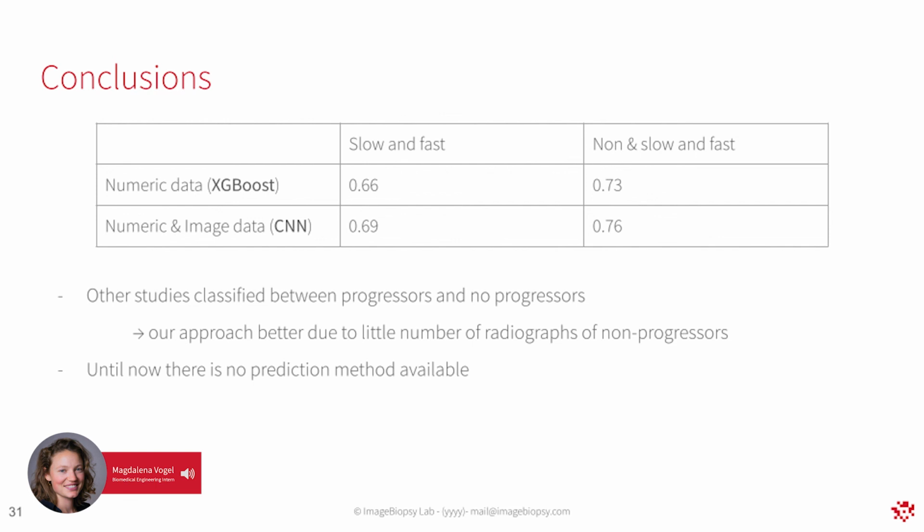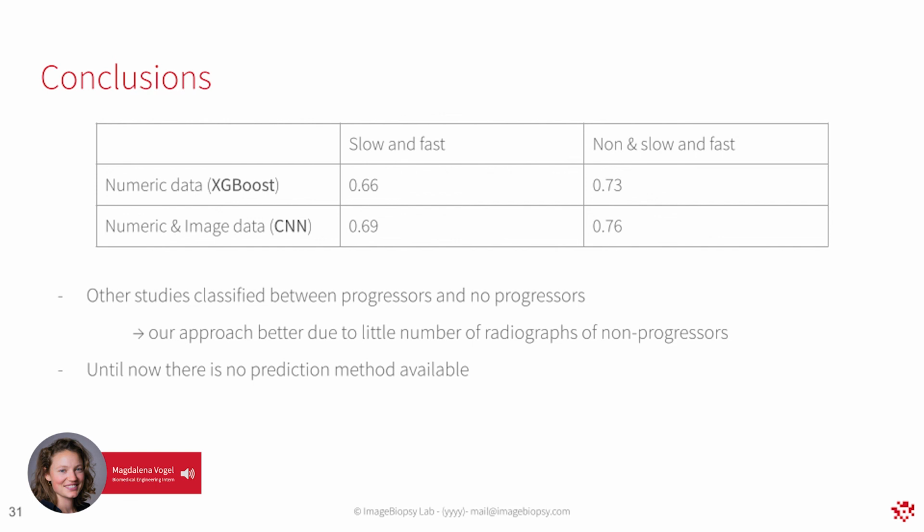And even if the other studies achieved higher results, we can say our problem could be more relevant for hospitals because we don't have that many radiographs of non-progressors, because when you don't have symptoms or pain in the knee, you would not make an X-ray, and therefore this problem could be more relevant.